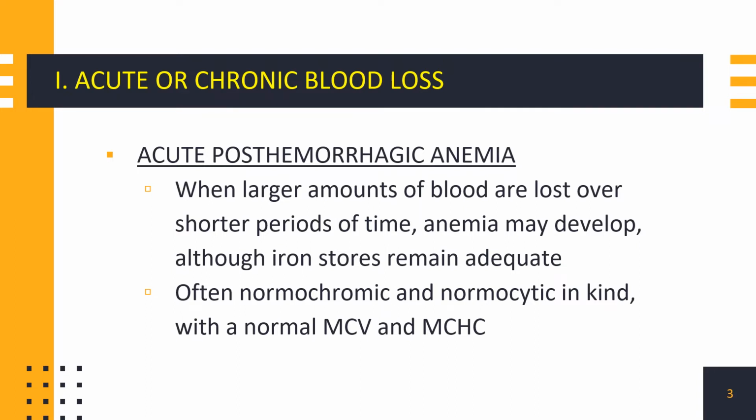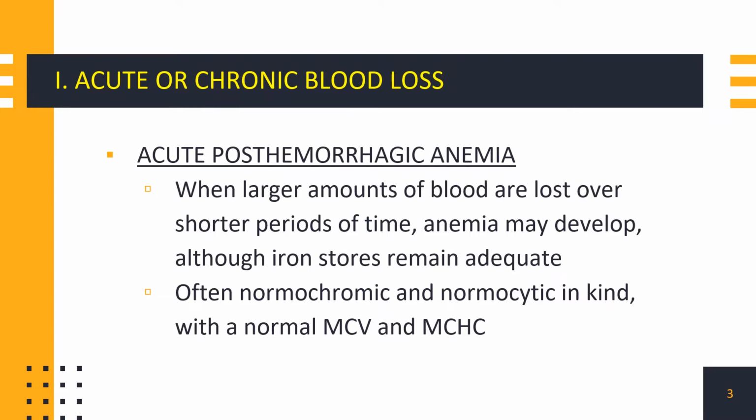In acute post-hemorrhagic anemia, when larger amounts of blood are lost over shorter periods of time, anemia may eventually develop, although iron stores remain adequate. The morphology of the anemia in this kind of condition is often normochromic and normocytic with a normal MCV and MCHC.